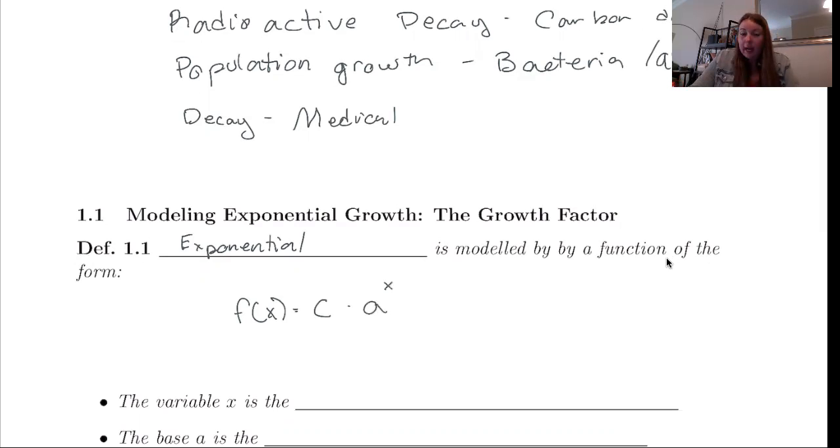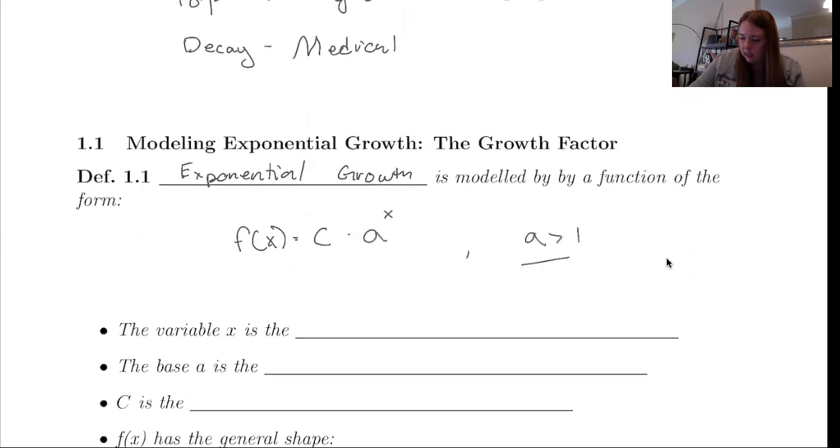Now my variable is not plus some other number or times some other number; it's up in the exponent. And this is exponential growth, specifically when a is greater than 1, and that's important. We'll come back to that in a second.